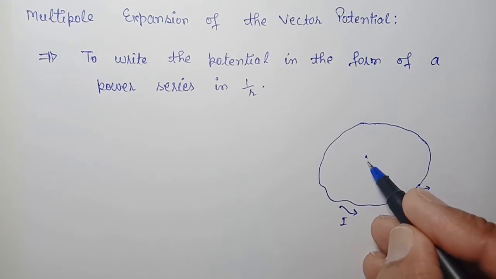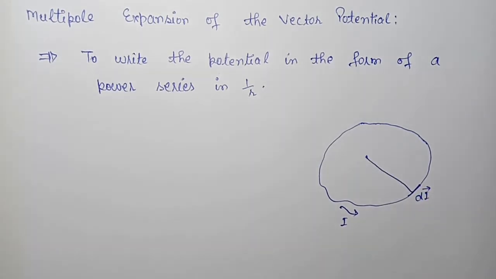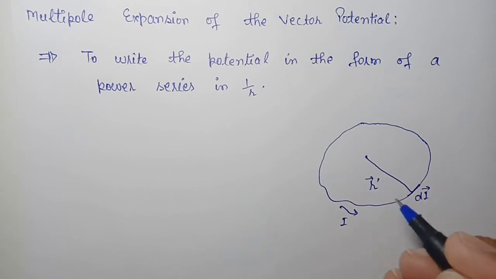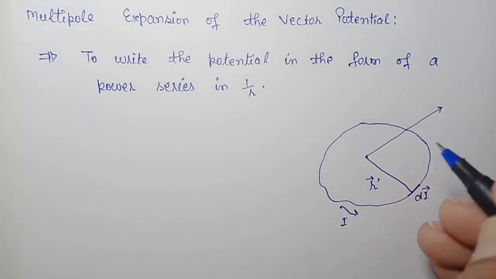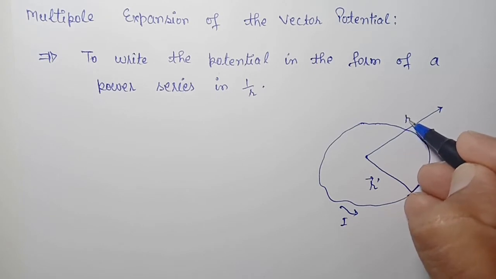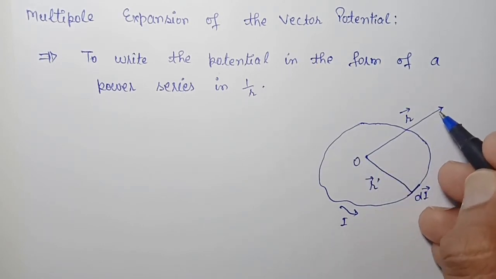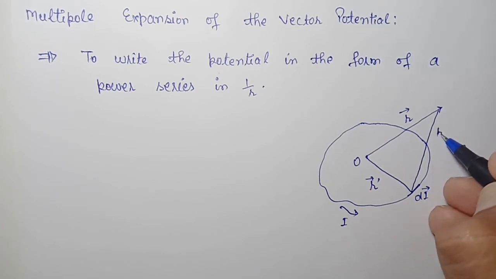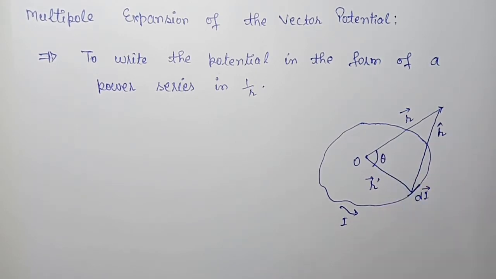Suppose this is the central point, and this distance is r dash, and here we are interested to find the potential, and this distance is r from the origin, and this distance is, suppose, r cap, and this angle is theta.